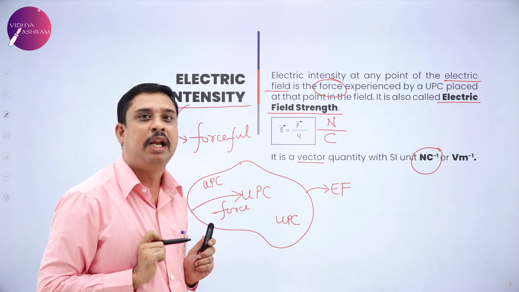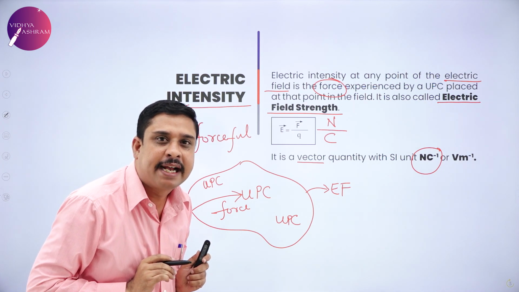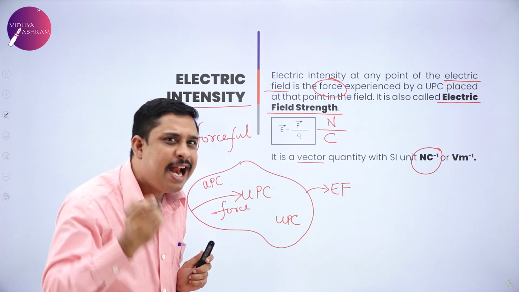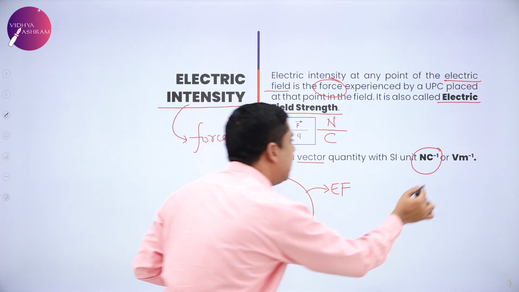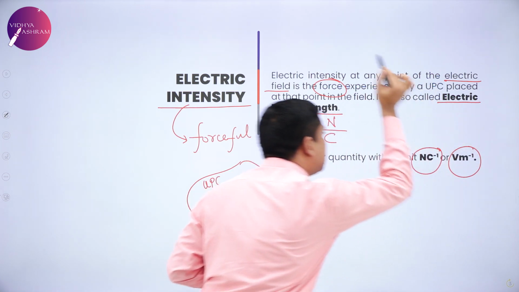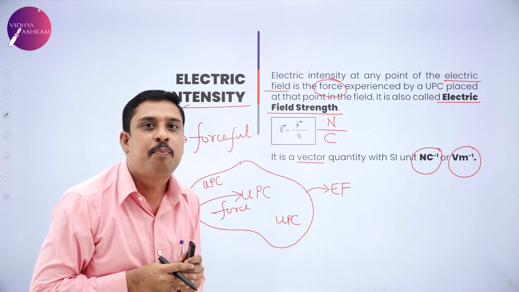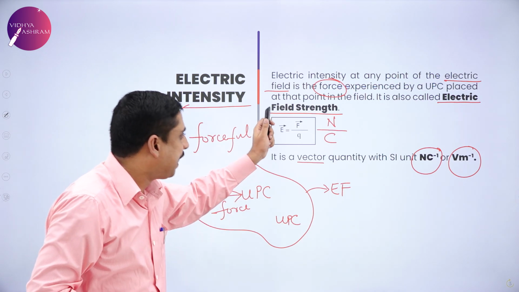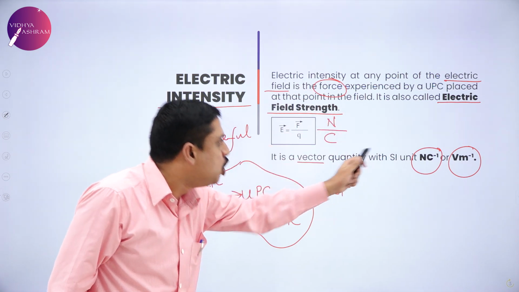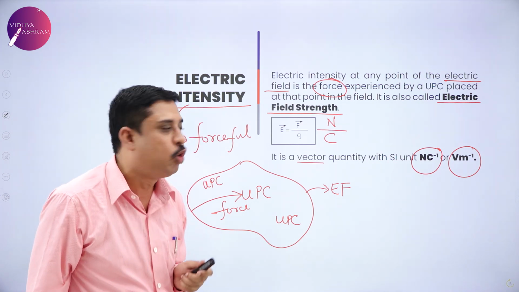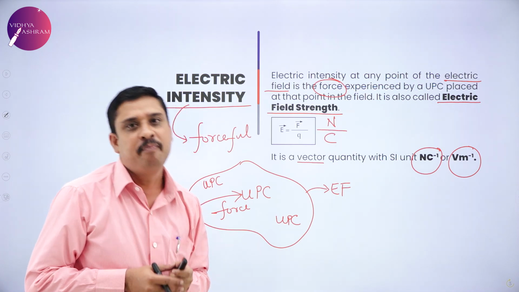Newton per coulomb gives me the SI unit of electric intensity. And later in the potential chapter, I will also show that intensity is measured in terms of volt per meter. So it is a vector quantity. It has an SI unit Newton per coulomb, which is also volt per meter.